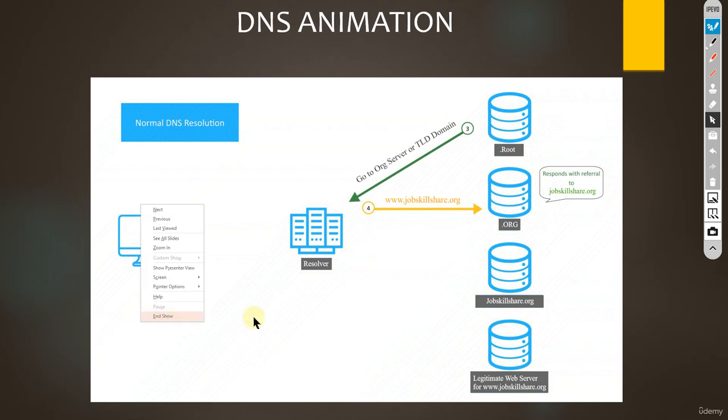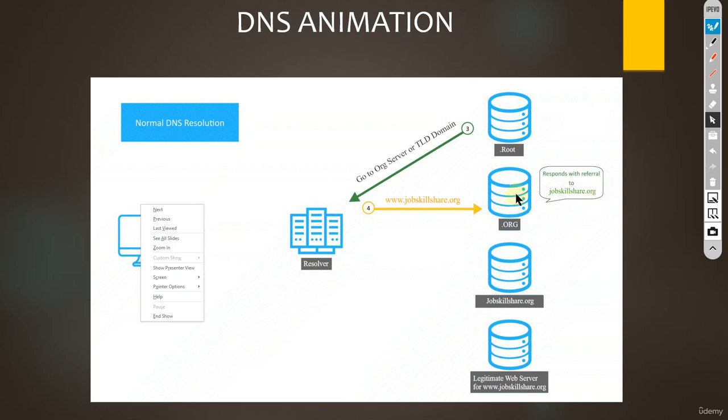So after that, the root server will send this query back to the DNS resolver and will ask the DNS resolver, please send this information to the org server. So here, this information is sent to the org server. Response with referral to jobskillshare.org. So this is the complete name, jobskillshare.org.